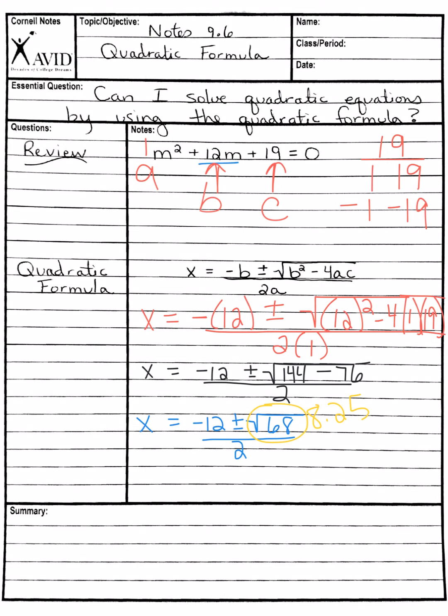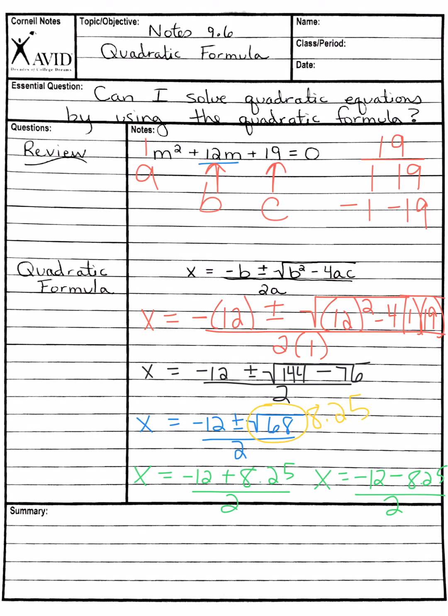We're going to have x is equal to a negative 12 plus 8.25 divided by 2. And we're going to have x is equal to a negative 12 minus 8.25 divided by 2. Remember that we can have up to 2 possible answers where our parabola crosses at 2 places.